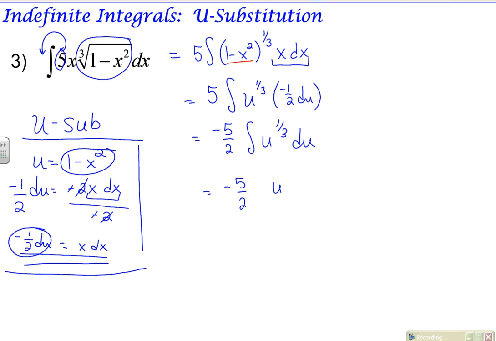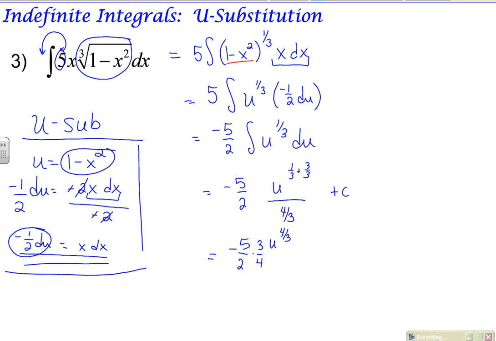U to the 1/3 plus 3/3, because I'm adding 1. That makes 4/3, so I'm going to be dividing by 4/3, plus some C. That means we have negative 5/2 u to the 4/3 divided by 4/3, which is like multiplying by 3/4.